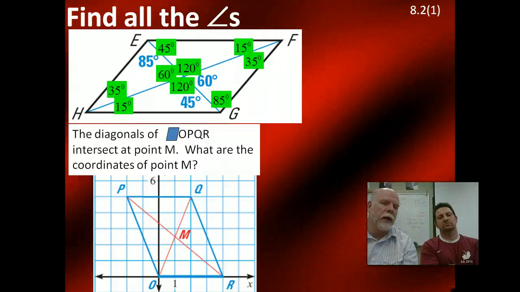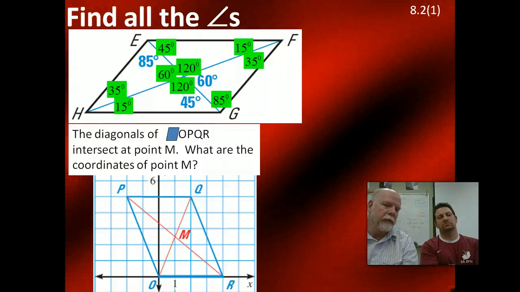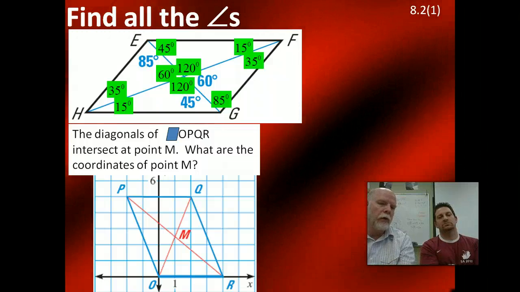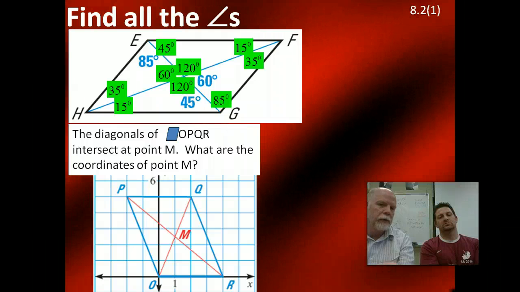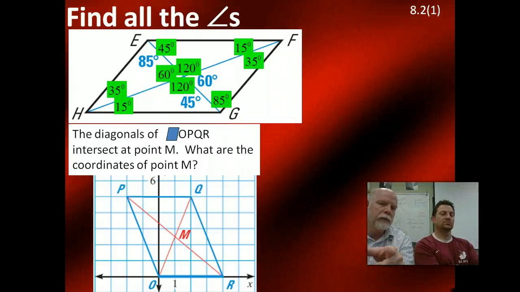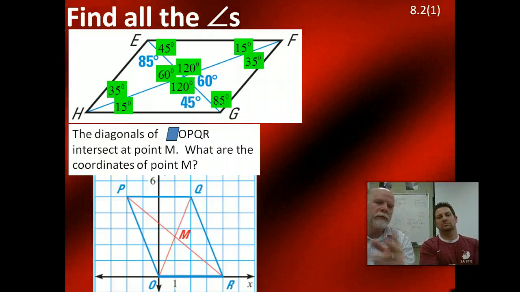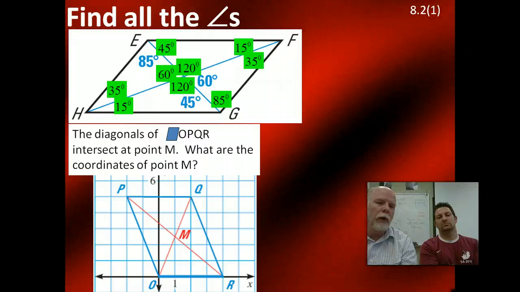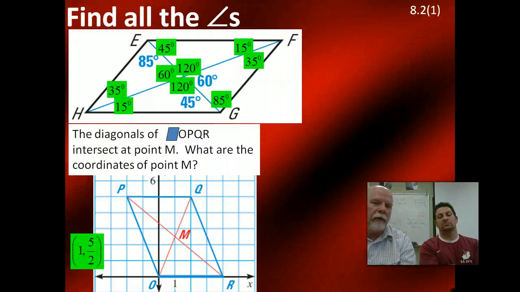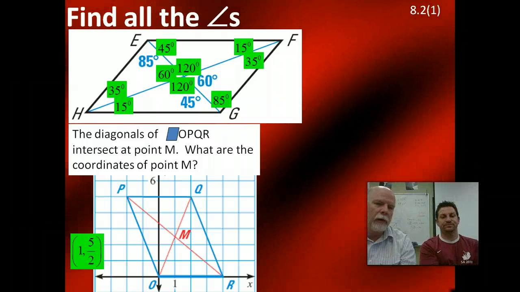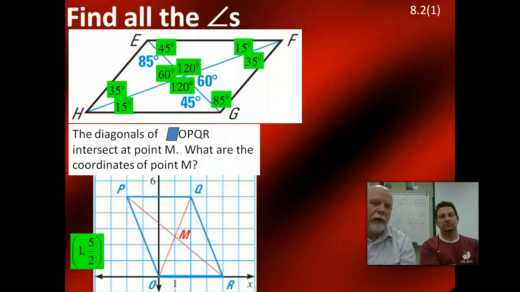And so really it's just a matter of taking point Q and taking half of those. And so point Q is over 2 and up 1, 2, 3, 4, 5, right? So over 2, up 5. Add a 0, which doesn't do anything to them. Take half of each one of them, and it would be 1 and 2.5, or 5 halves. So the coordinates of that midpoint would be (1, 2.5), or (1, 5/2).